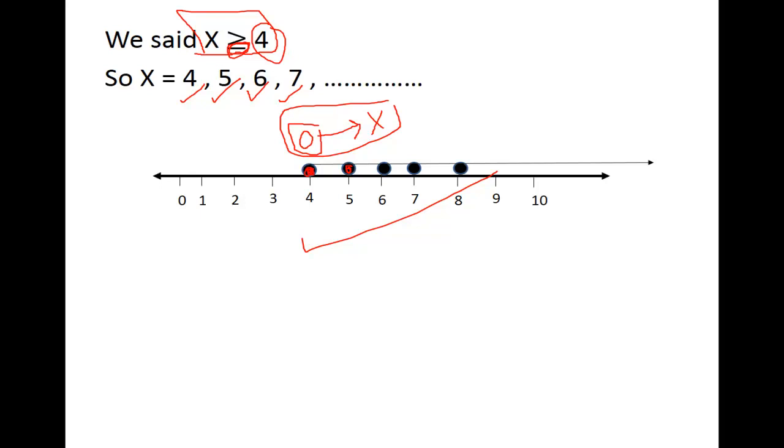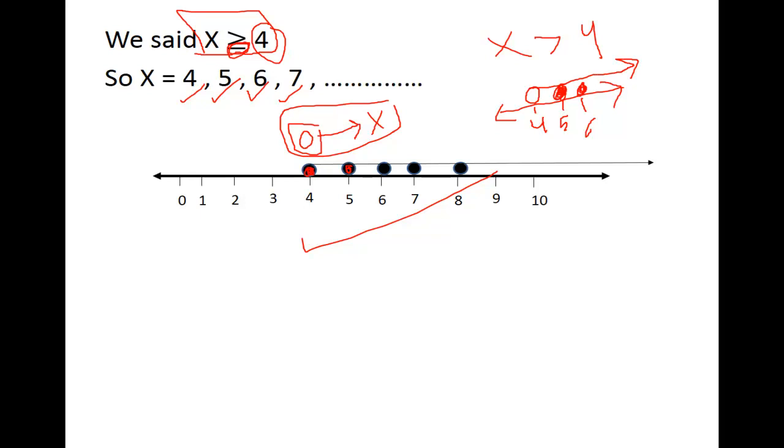Like this one: if x is more than 4, we're going to start at 4, then 5, 6, and so on. We make an empty circle at 4, and 5 will be a filled, closed circle.